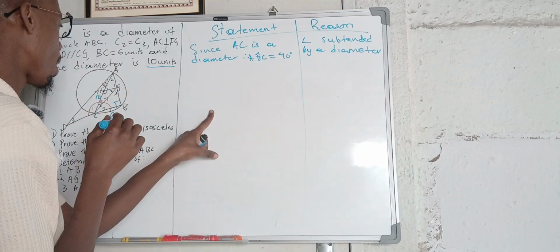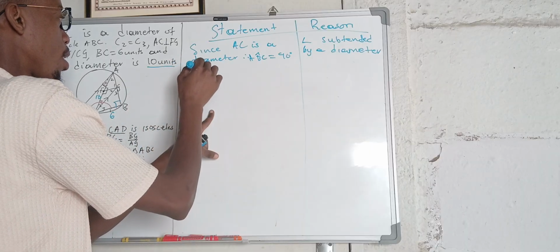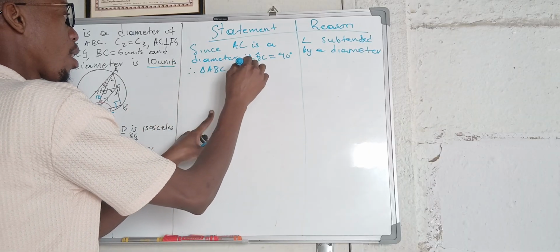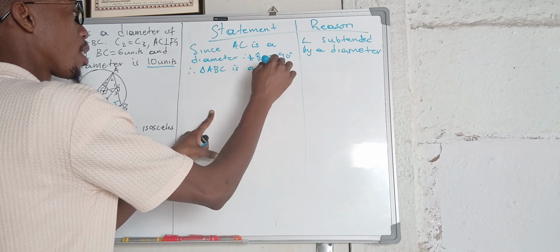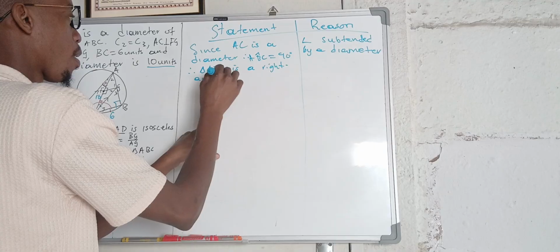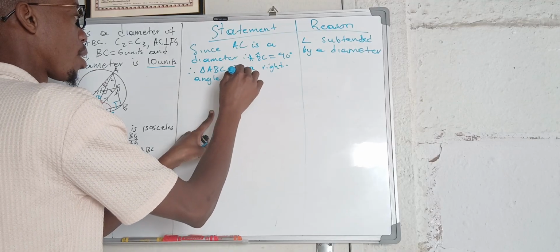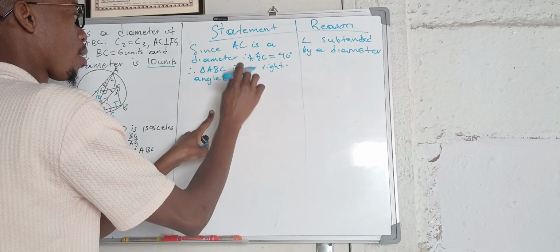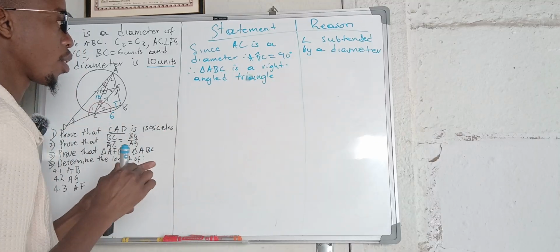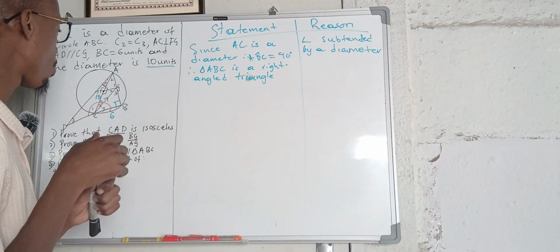Therefore, triangle ABC is a right-angled triangle. Beautiful. Now we have set our conditions perfectly.